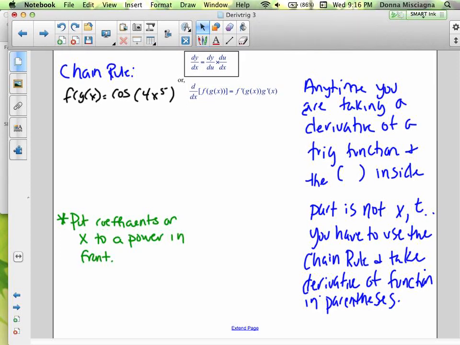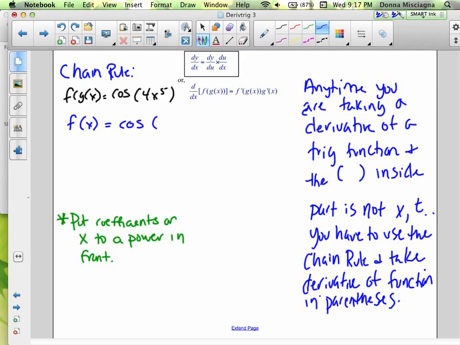All right, so the outside function is cosine blup. The f of x part is cosine blup. And the inside part is the 4x to the 5th.